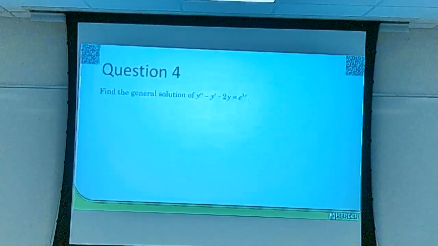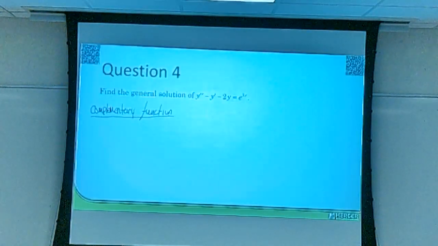So notice here, you can actually use undetermined coefficients. And for the sake of time, the complementary solution, you're going to get C1 e to the negative x plus C2 e to the 2x.